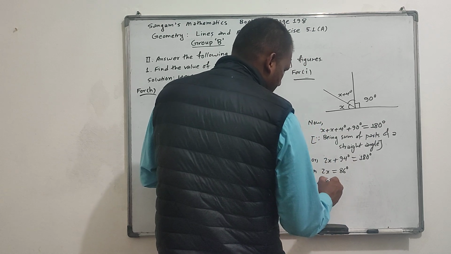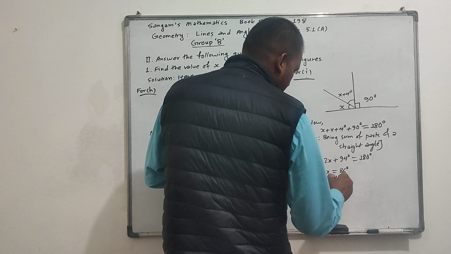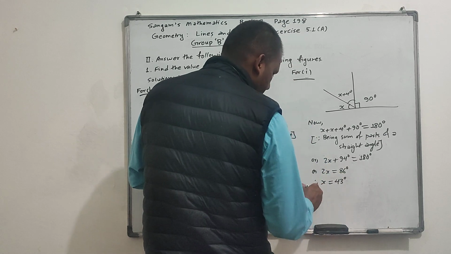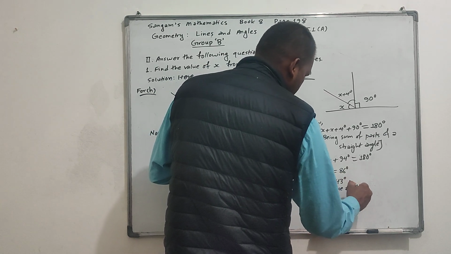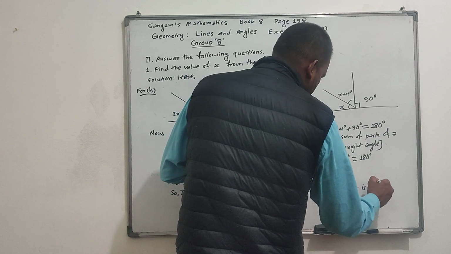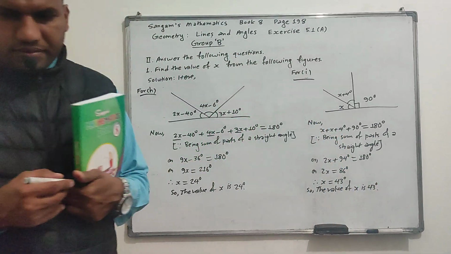Therefore, x equal to 86 divided by 2, that is 43 degree. So, the value of x is 43 degree.